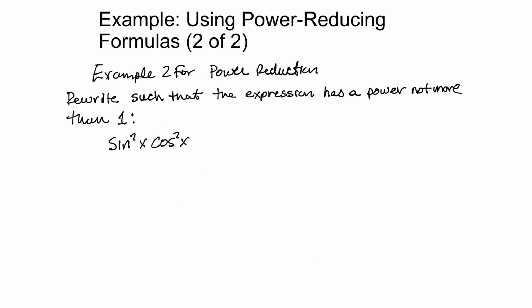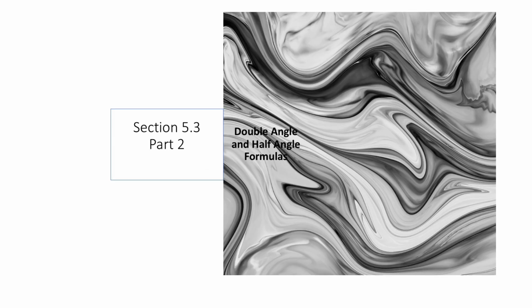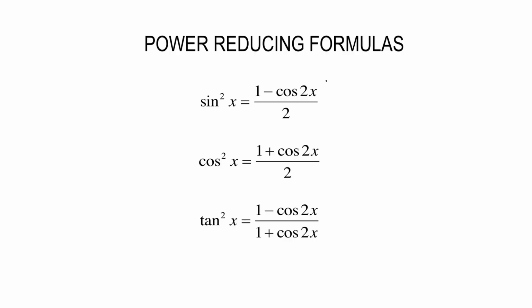Let's take another look at rewriting a given expression so that it doesn't have a power greater than 1, so that it's just as simple as it can be. So first of all, let's rewrite sine squared. Going back to check our formula, we see sine squared x is 1 minus cosine 2x over 2, or cosine squared x is 1 plus cosine 2x over 2.